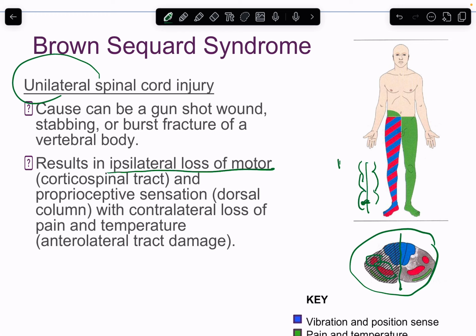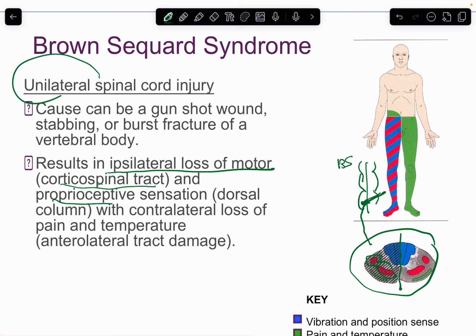So this is the crossing over, okay? It will cross that way. So this is below the point of decussation. Therefore, if there is a severance over here, it will be ipsilateral loss of motor of the corticospinal tract, and as well as the proprioceptive sensation.